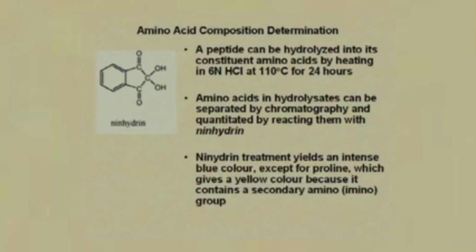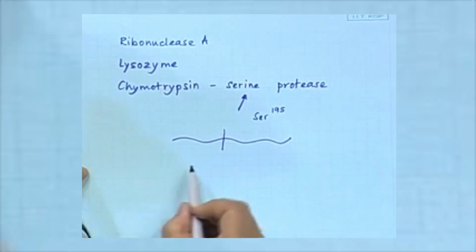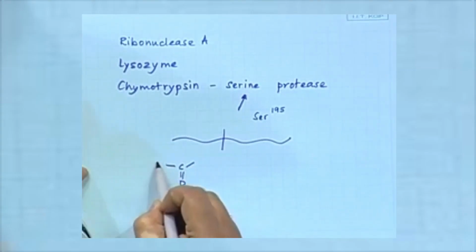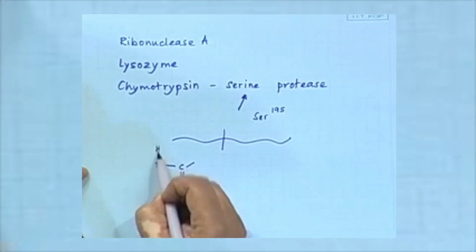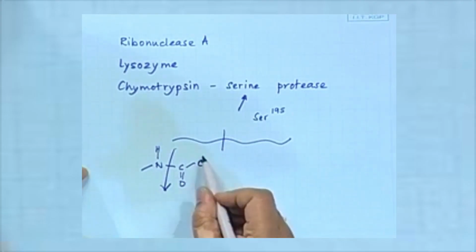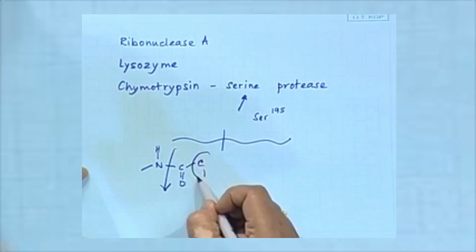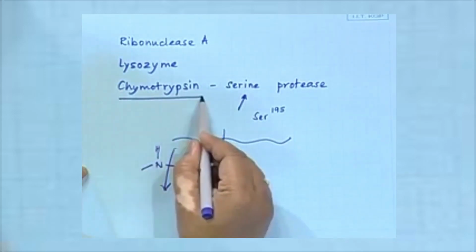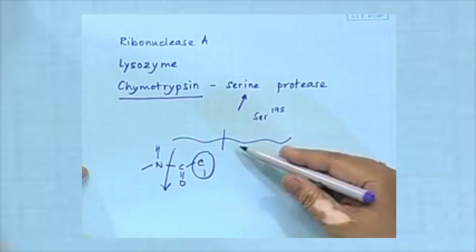So what are we doing? We are cleaving a peptide bond, right? We are cleaving a peptide bond only if this group attached is what? What type of group has to be attached here? A bulky hydrophobic group. So when we have chymotrypsin, we have a particular type of breakage.